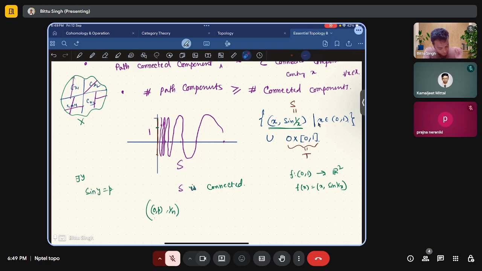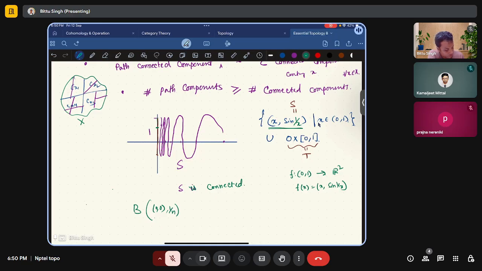Okay, if we choose the neighborhood around (0,0) of radius 1/n, then you can always choose an open ball around this origin.